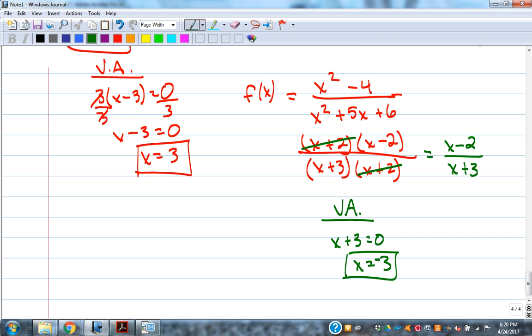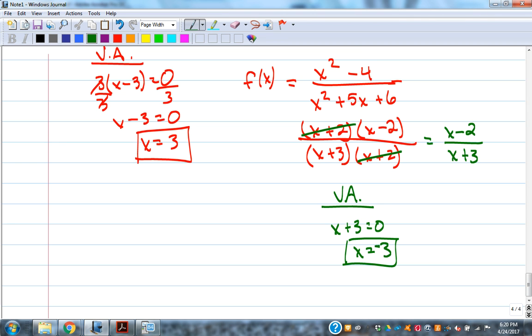The oblique is the same thing as the vertical? No. The oblique is when you have a numerator that's 1 degree higher than the denominator.